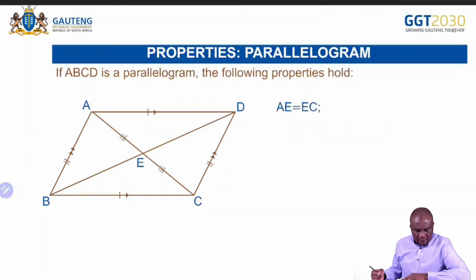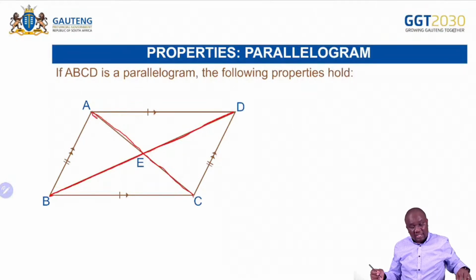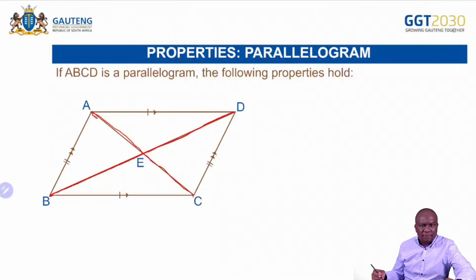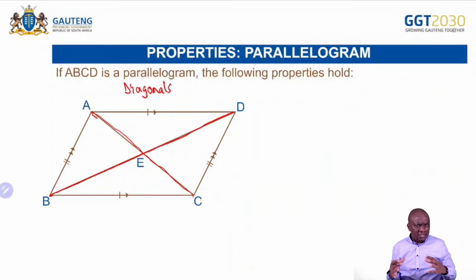Before we talk about AE, what do we call these lines BD and AC? The lines that I have highlighted right there, what do we call them? They are called diagonals. Now we want to look at the properties of the diagonals of the parallelogram.